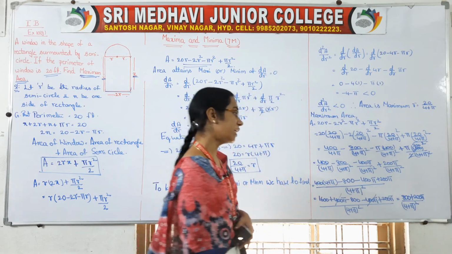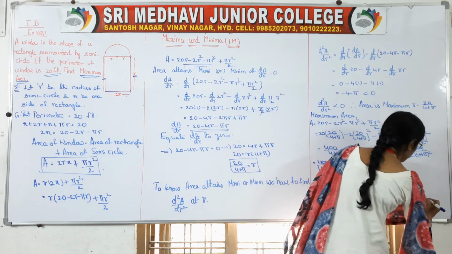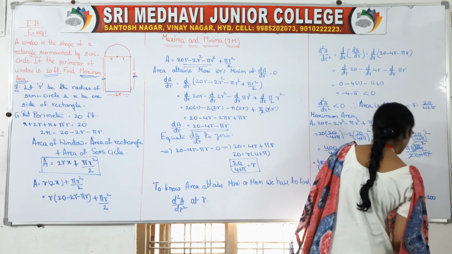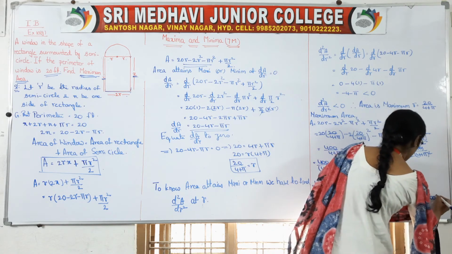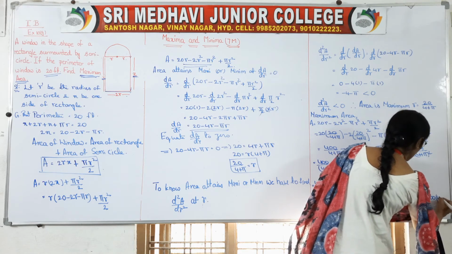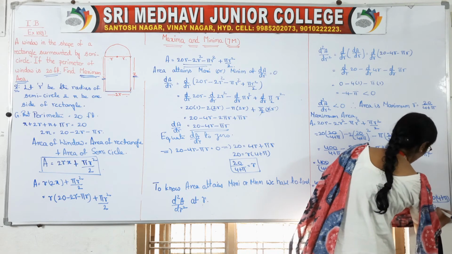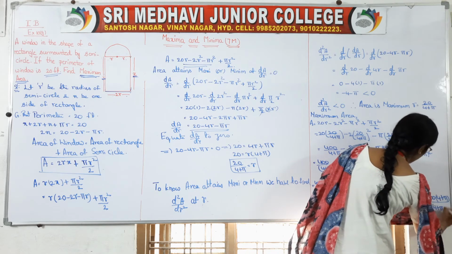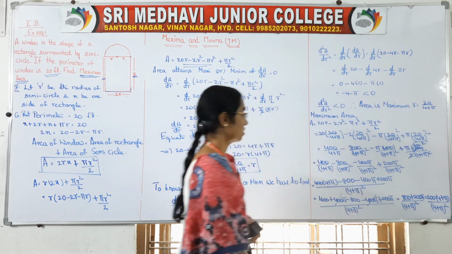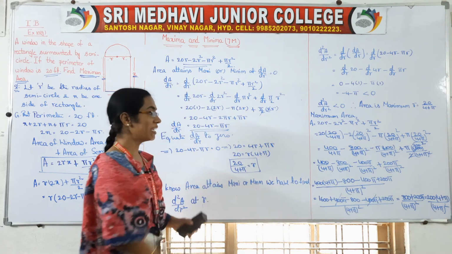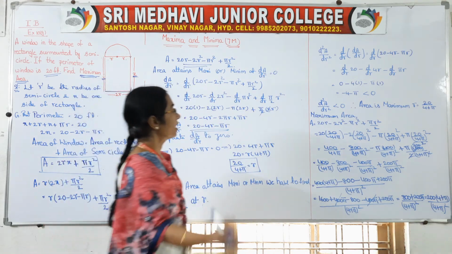Okay, we can take 200 common. So 200, if we take common, it is 4 2s are 8, 4 plus pi by 4 plus pi whole square. Okay, so one 4 plus pi will get cancelled.